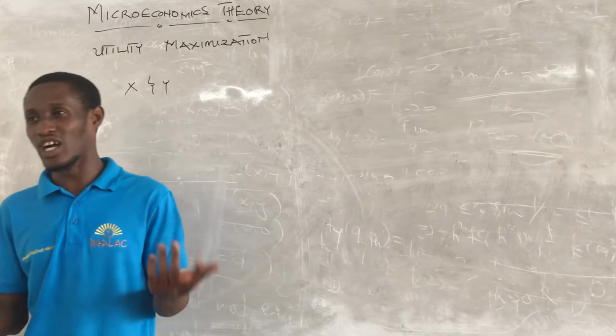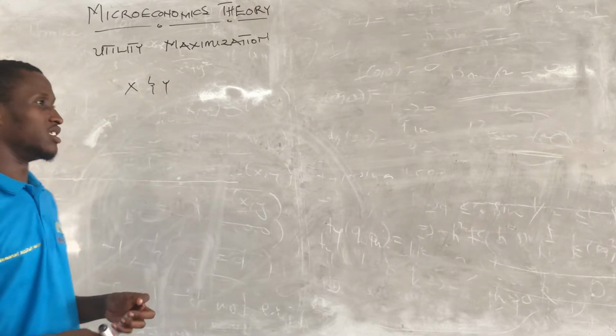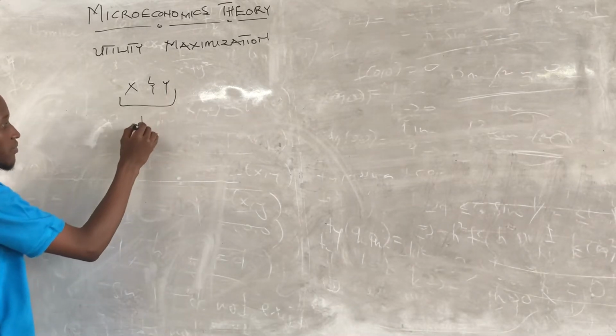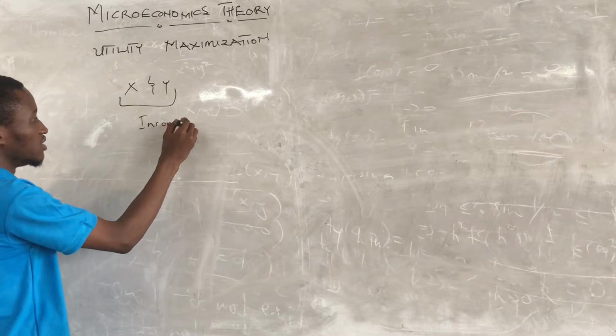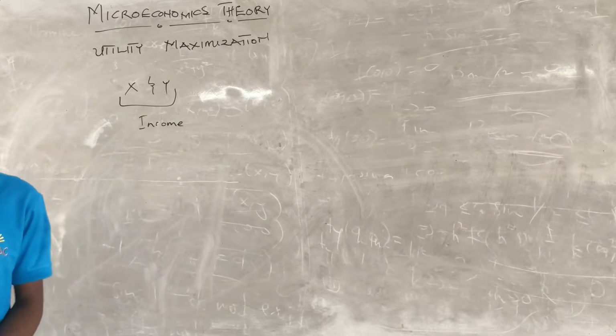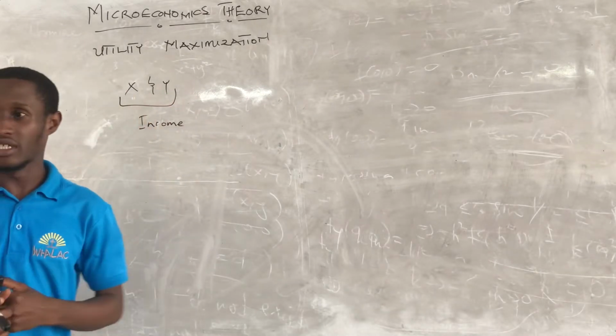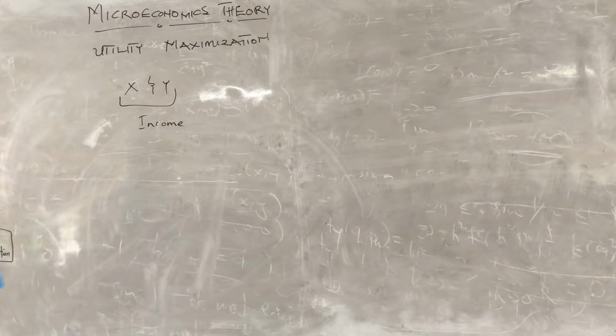So if you don't have money, you cannot spend. So we believe that the individual will spend his income on commodity X and commodity Y.